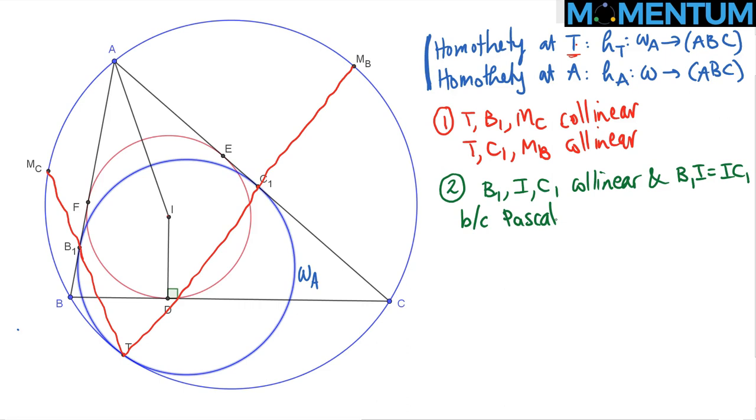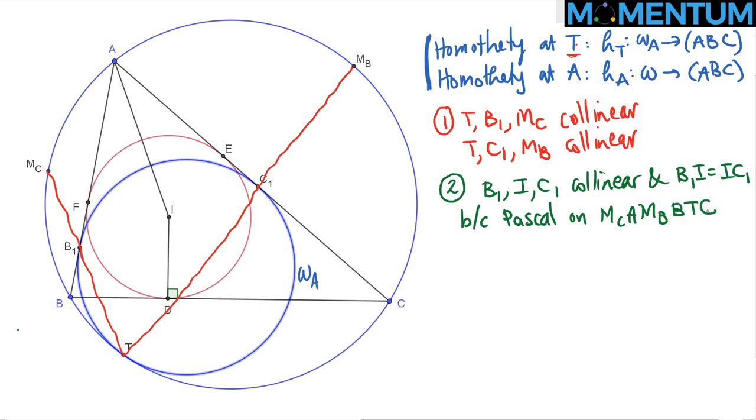To see that, Pascal on a hexagon, which hexagon? Well, let me label them without regard to order, and then we can check the order if you want. MC A, MB on one side and B, T, C on the other.